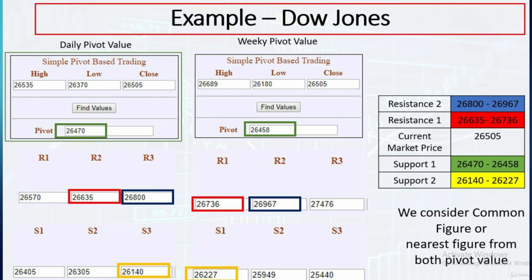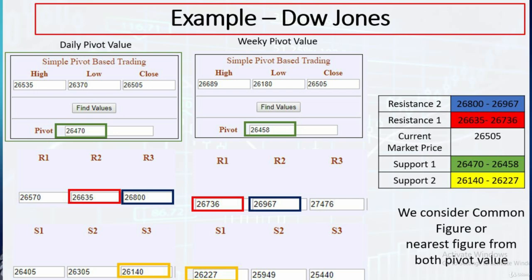The next resistance level is shown in blue color. As we see, resistance 3 in the daily pivot and resistance 2 in the weekly pivot are common and nearest in figure. So we consider it a conclusive resistance level 2.